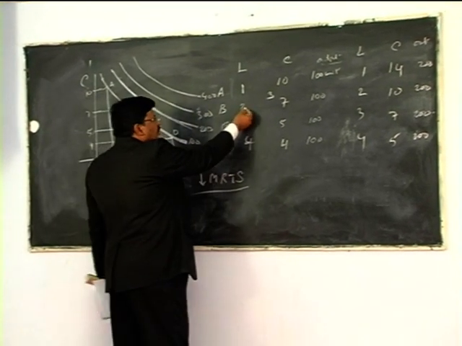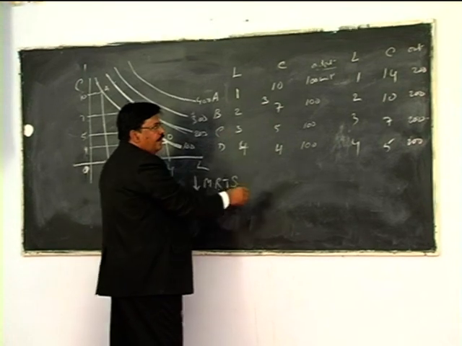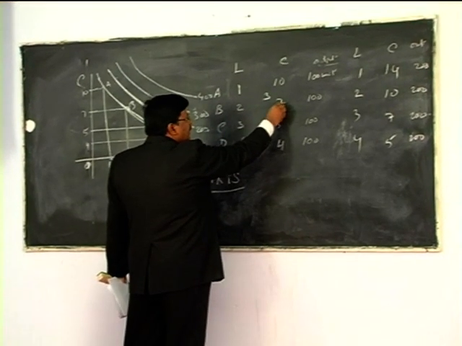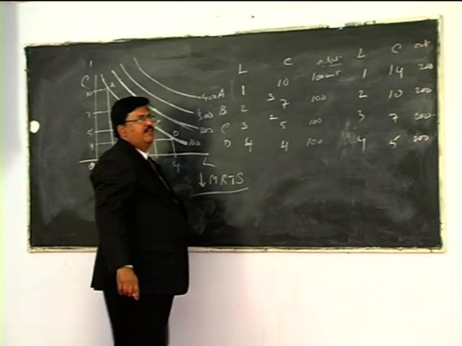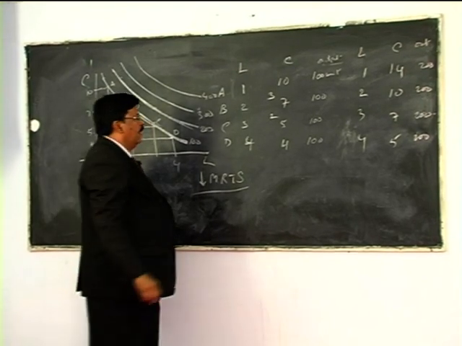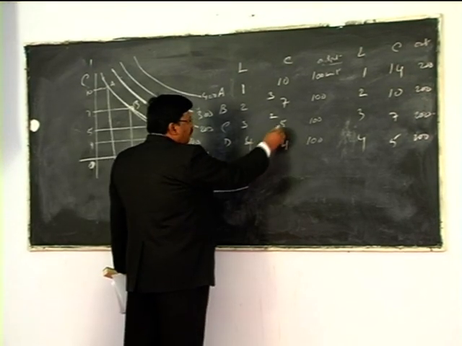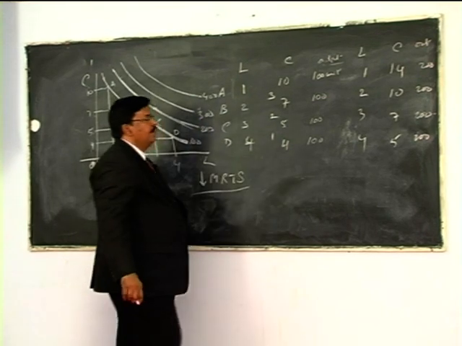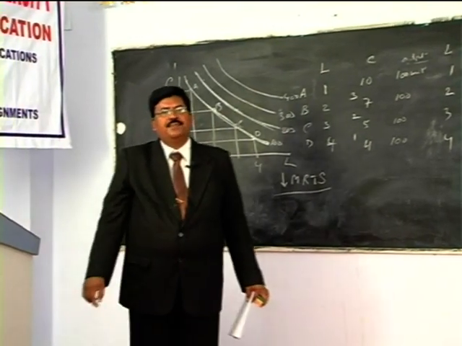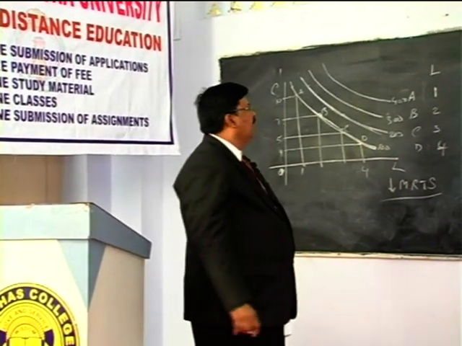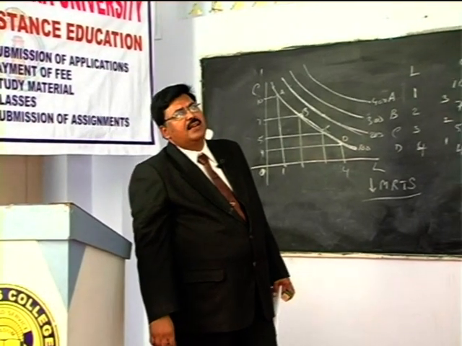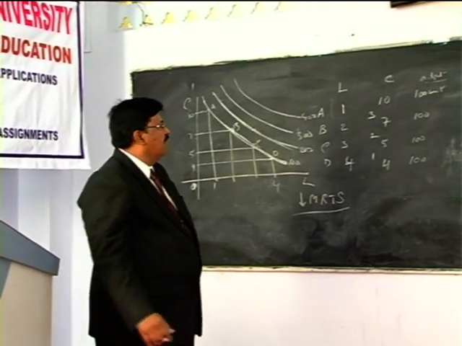Now, for 1 more unit of labor from 2 to 3, you are willing to sacrifice only 7 to 5. That is 2 units of capital given up here. And similarly, 3 to 4, 5 to 4, that is 1 unit. What is the rate of substitution? Initially, when there are more units of capital, a large number of units are given up.